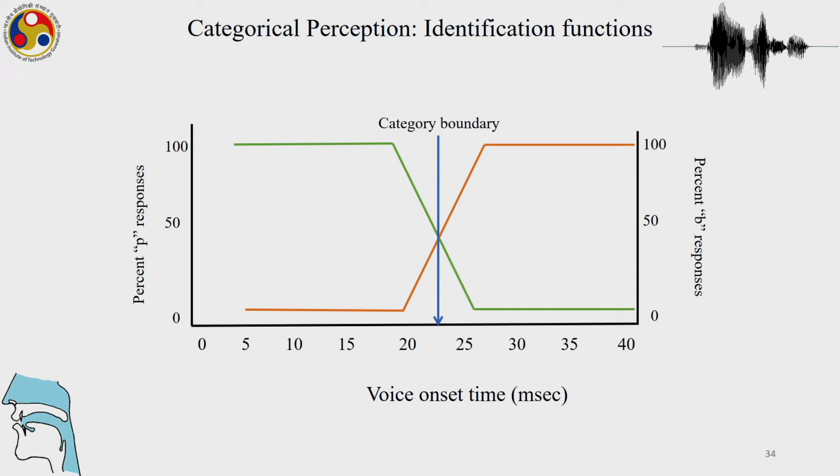Around this place, between 20 to 25 milliseconds, there was a lot of change. You can see that at this category boundary, the percentage of pa responses goes down significantly, and at this point again the perception of ba responses goes up to 100%.